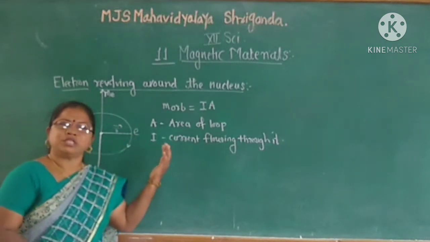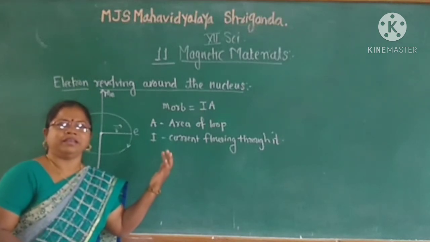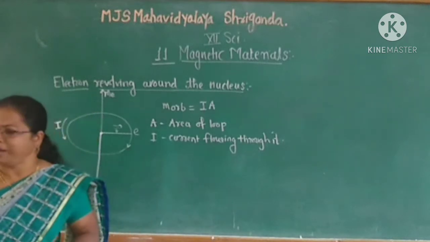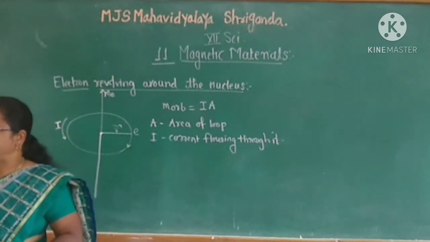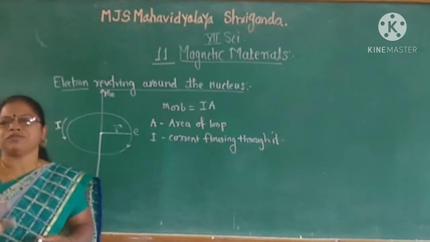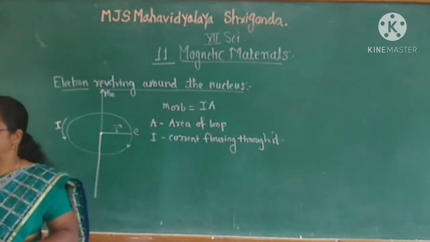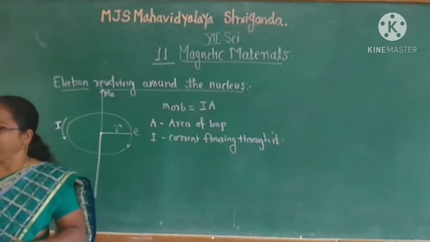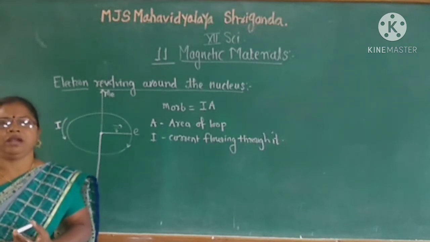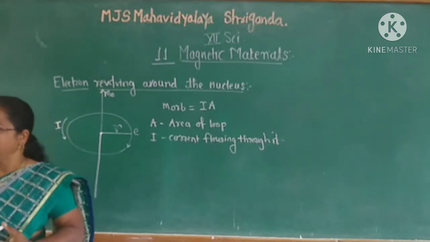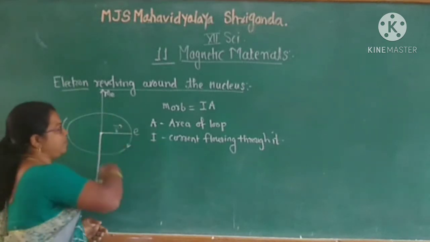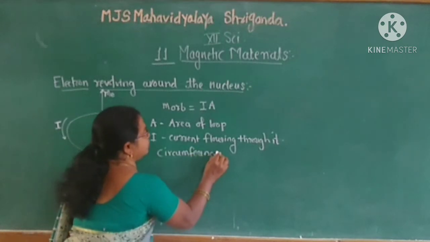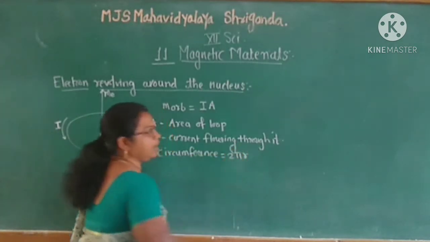Then due to the intrinsic spin, there is angular intrinsic momentum, angular spin, where spin magnetic dipole moment results from the intrinsic spin. Now in this case, an electron moving with constant speed around the nucleus, then its circumference is equal to 2 pi r.